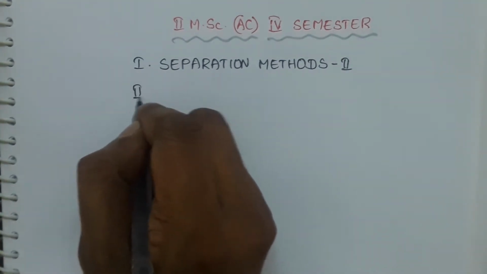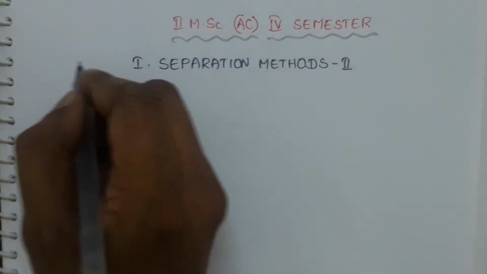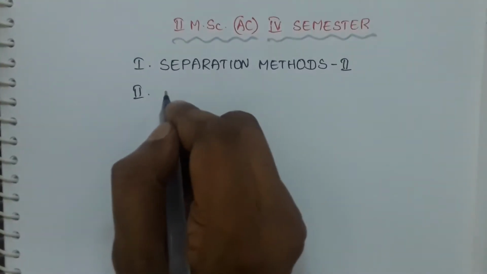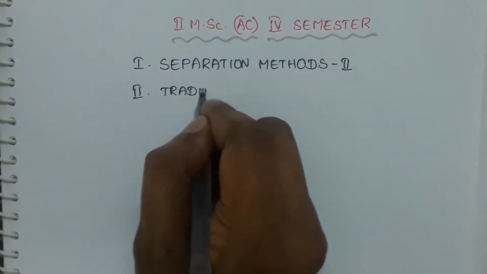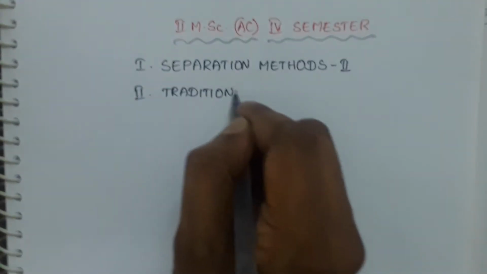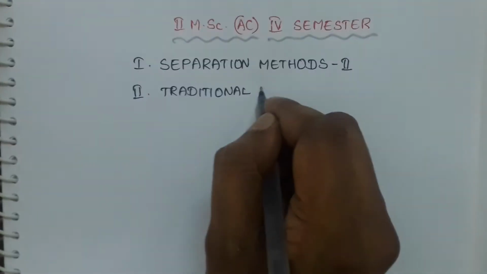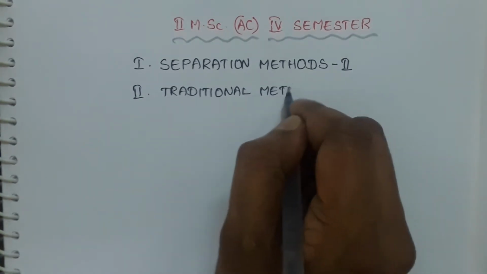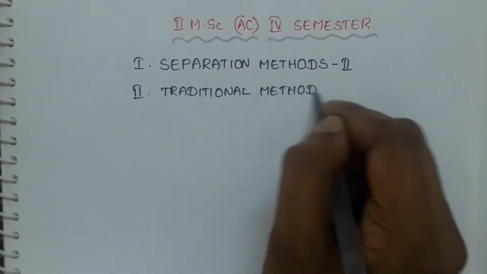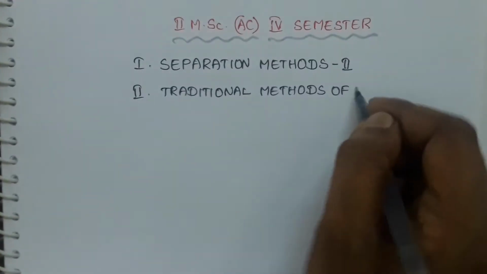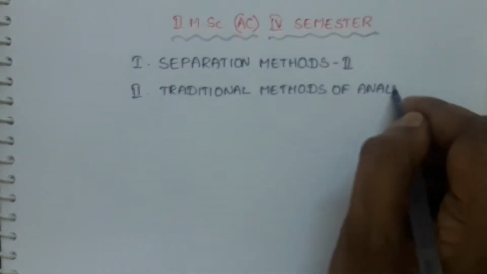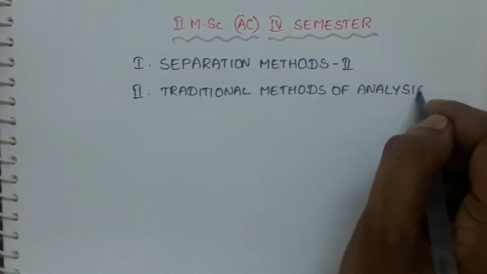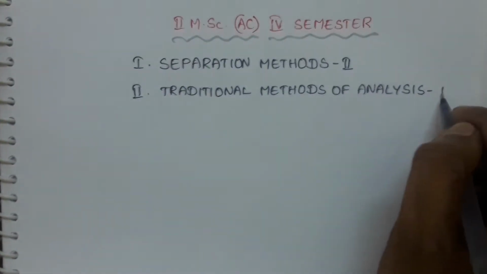Second paper is traditional methods of analysis 2. Quality control and traditional methods of analysis 1 is in third semester.